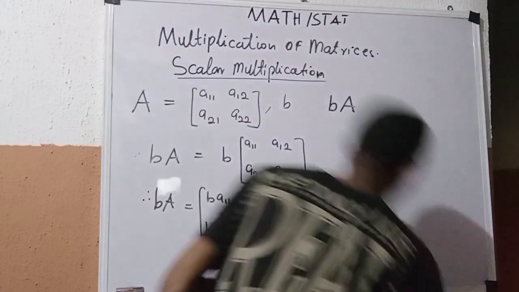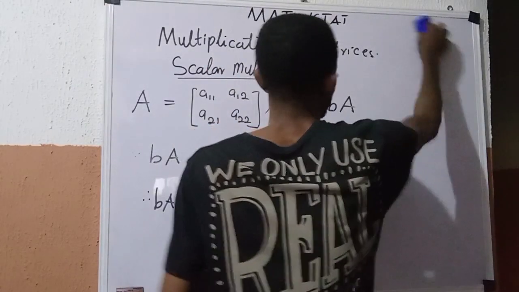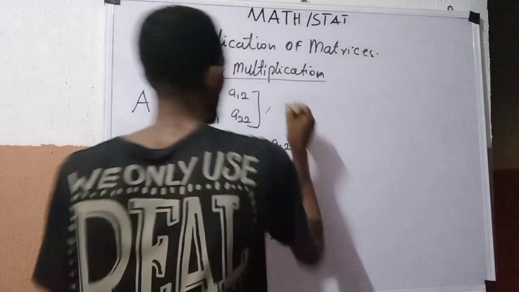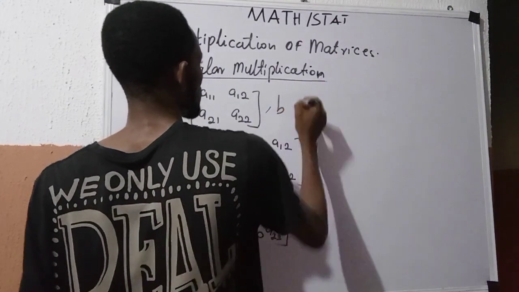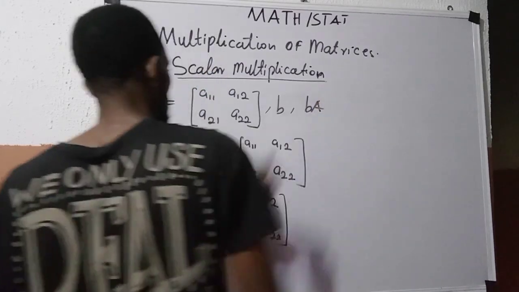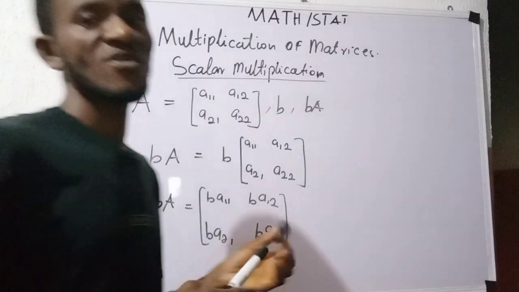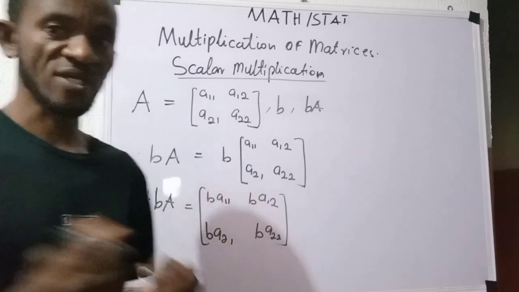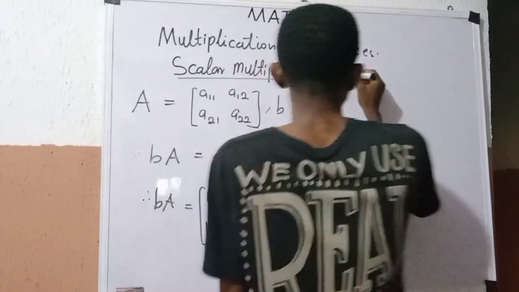Therefore, let me now clean here. We talked about a constant B, which we are interested in using to get BA. For instance, we have a matrix, and that matrix is defined this way.